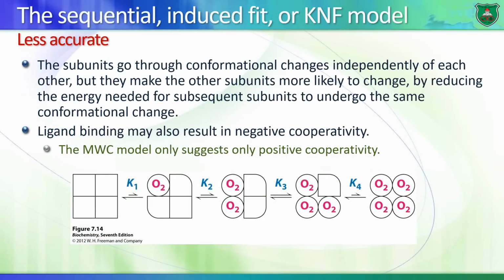The other model says that no, it's not only R and T, there are actually structures in between. It says that hemoglobin exists in the T form in the absence of oxygen.